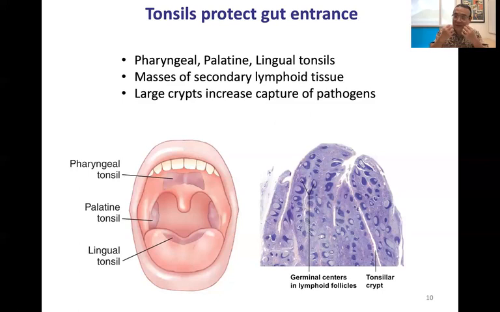So your adaptive immune system, if it recognizes something that infected you before, gets a heads up: oh boy, you're eating this thing again, this pathogen hitching a ride on the food you're eating. So your tonsils give your immune system a heads up about that.